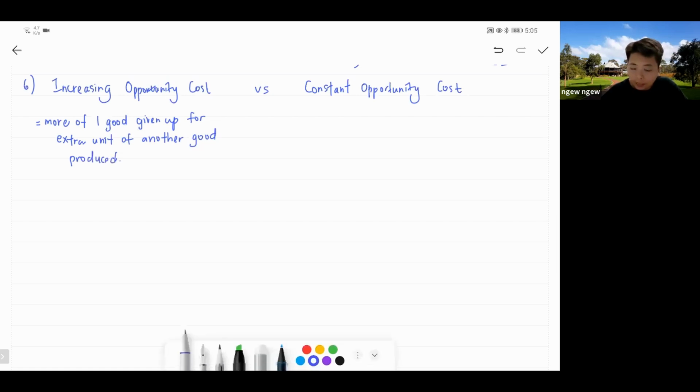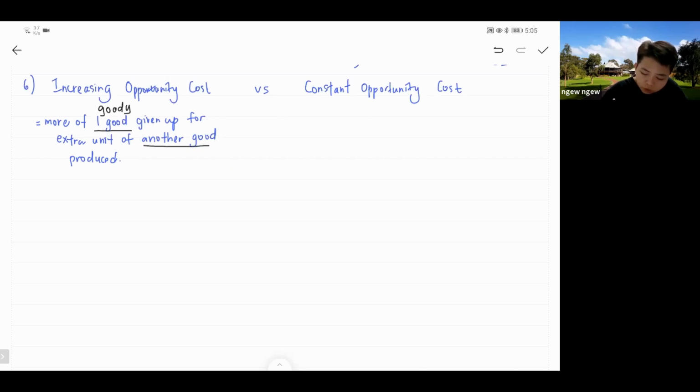If you find this way of elaboration confusing, you can put it as more of good Y given up for an extra unit of good X produced. So this is another way for you to explain what is meant by increasing opportunity cost.